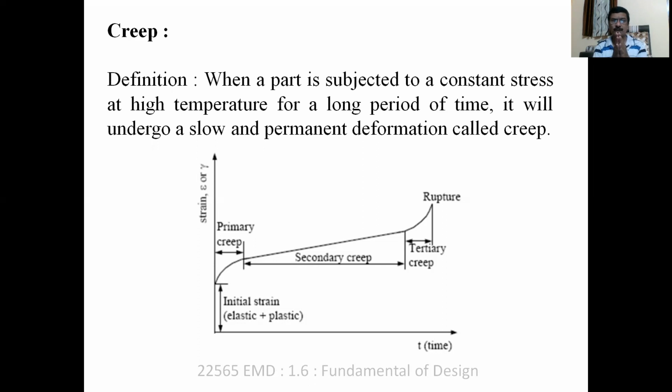After that it stabilizes in the secondary creep, so strain increases slowly with reference to time. Near the rupture, there is again a sudden increase in the strain with reference to time. That is the tertiary creep, and after that there is a rupture. Okay, so there is a failure.